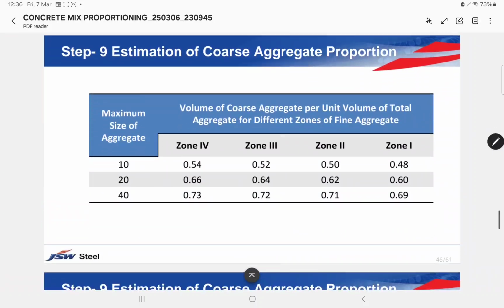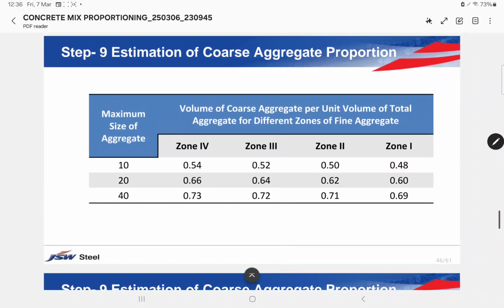Now moving on, you need to decide your coarse aggregate proportion. As we have discussed in our key concept part, from the total aggregate, what will be your coarse aggregate fraction, the volume of coarse aggregate.